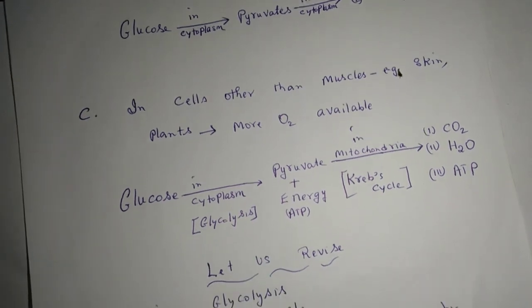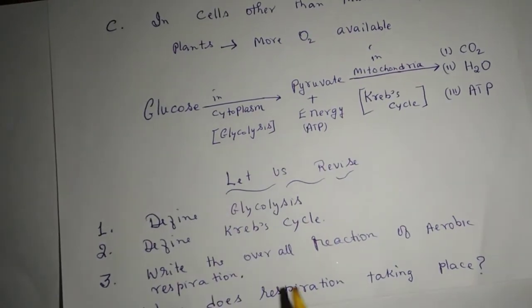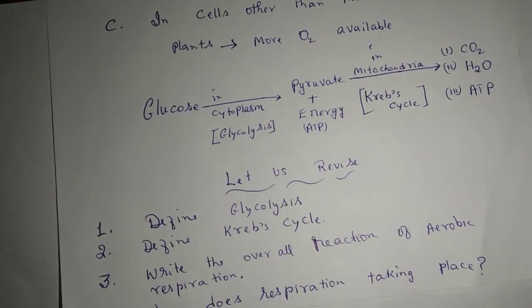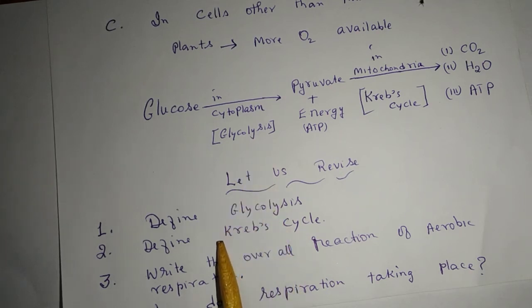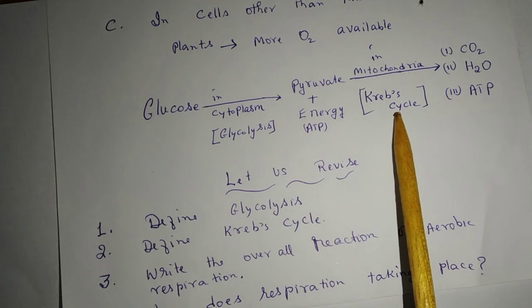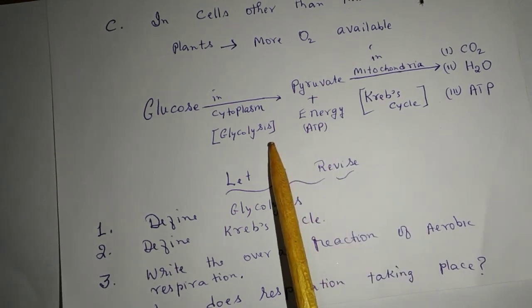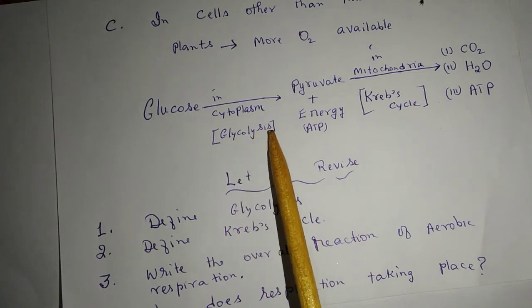Again, let us have a quick revision. Question number 1. Define glycolysis and define Krebs cycle. Glycolysis is a process of respiration that takes place inside the cytoplasm.